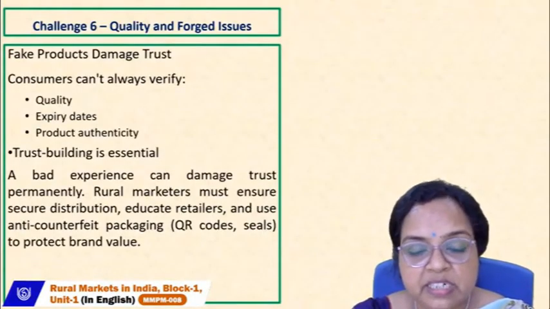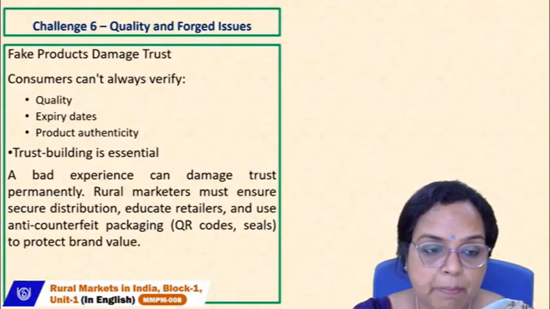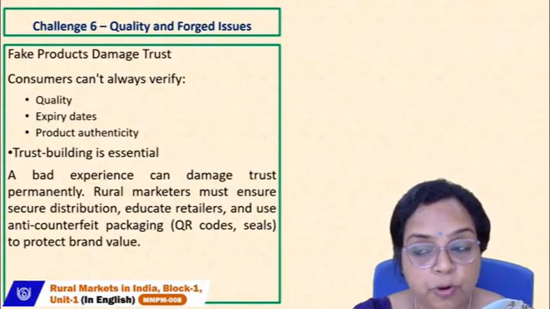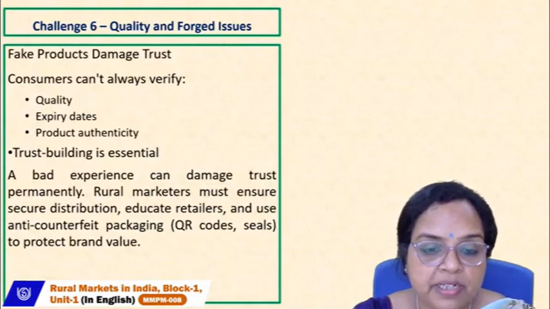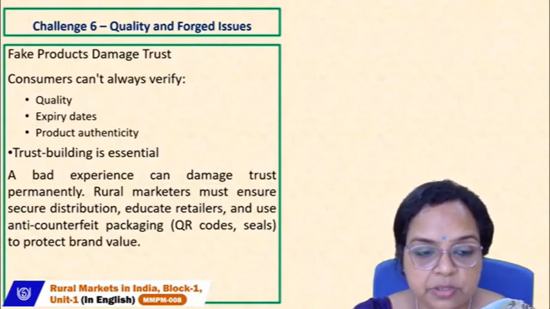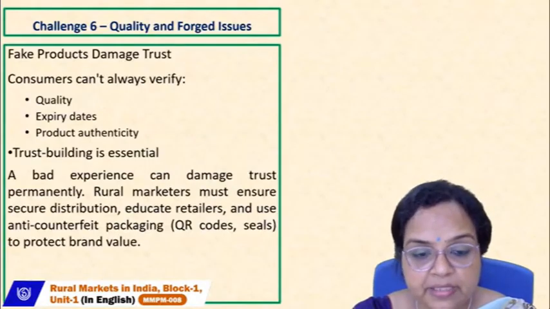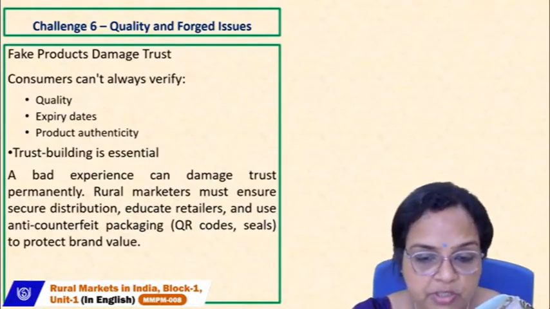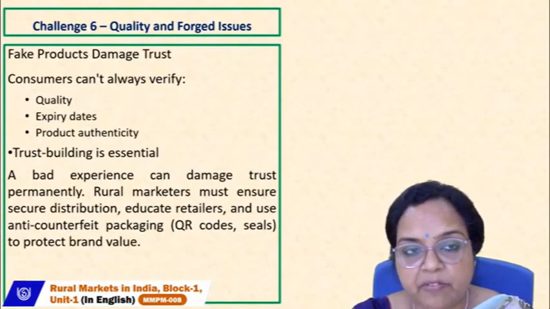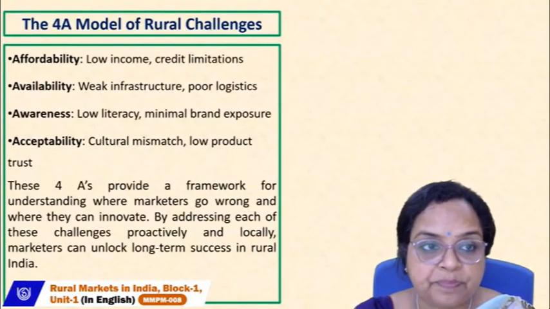So trust building is a critical factor, and it is essential to develop, because a marketer needs that. A bad experience can damage trust permanently. Rural marketers must ensure secure distribution, educate retailers, and use anti-fraud or anti-counterfeit packaging, through QR codes and seals, to protect the brand value. This is challenge number 6.